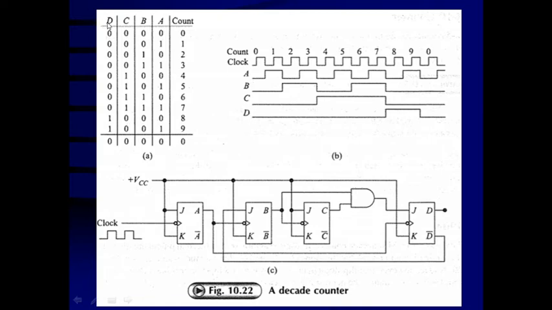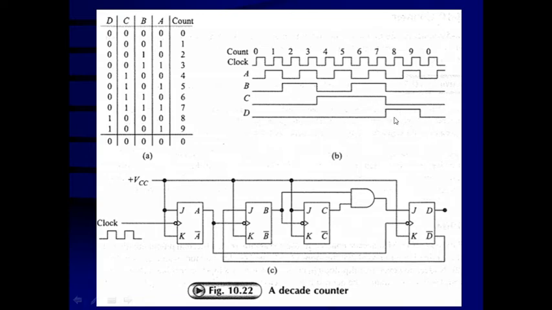So the truth table is going to be D, C, B, A. Here you can see that prior to the count it is 0, 0, 0, 0, then on the next clock pulse 0, 0, 0, 1, next 0, 0, 1, 0, next 0, 0, 1, 1, next 0, 1, 0, 0, next 0, 1, 0, 1, next 0, 1, 1, 0, and next 0, 1, 1, 1.